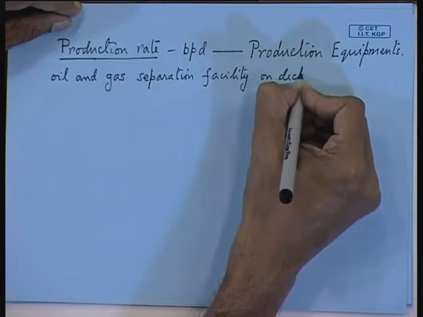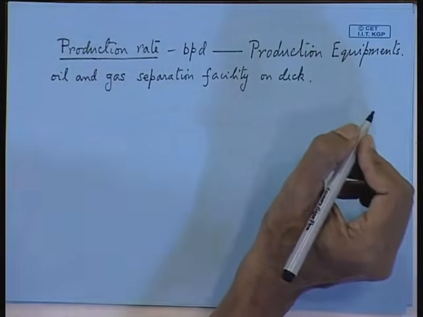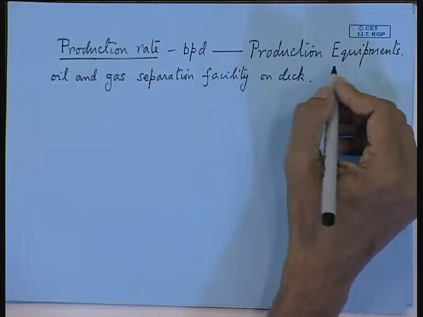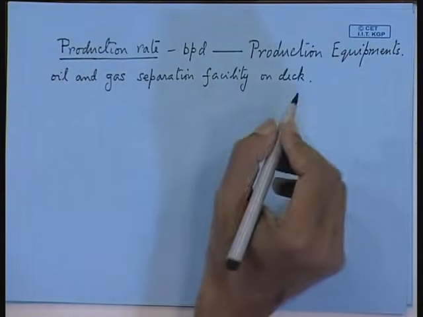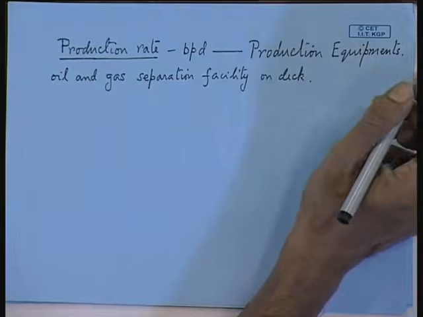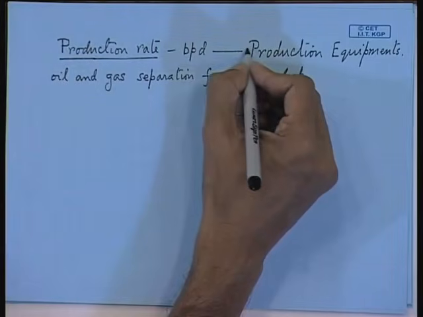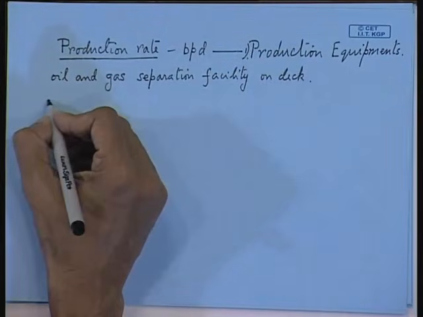This is one of the major equipments of an offshore platform, that is your production, the oil and gas separation facility on deck. This is number 1, then you can have number 2.